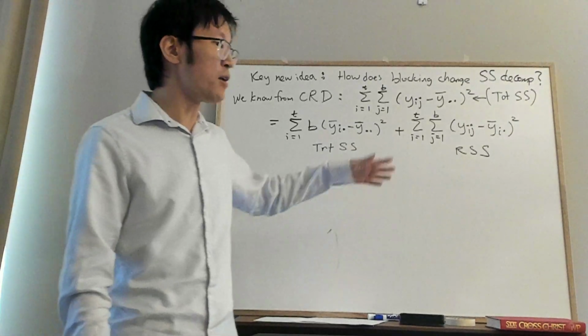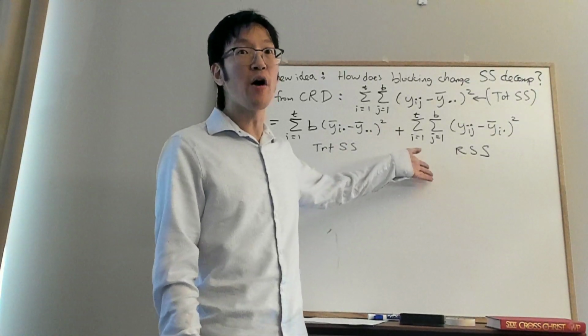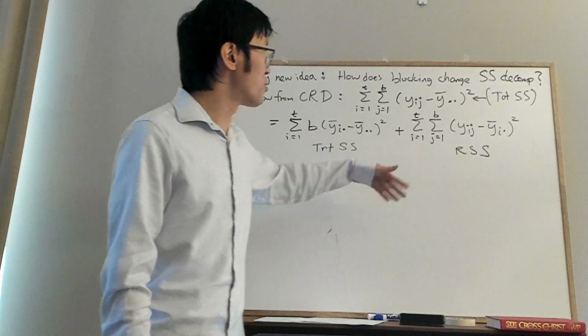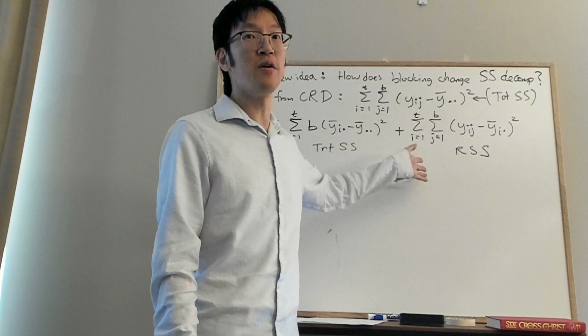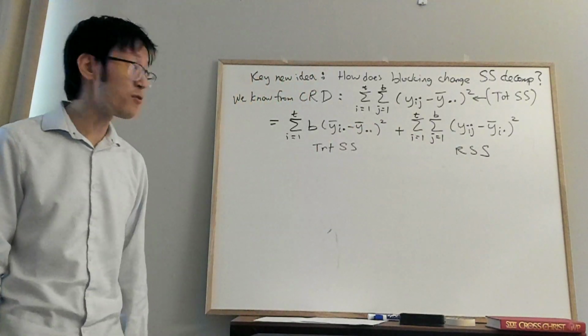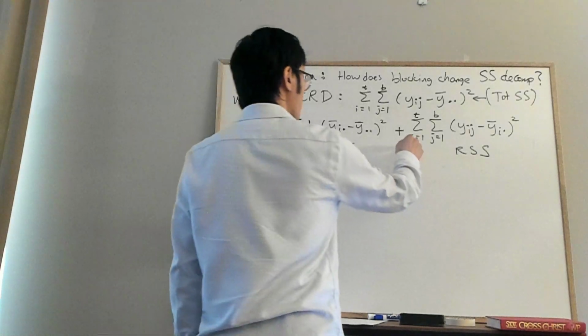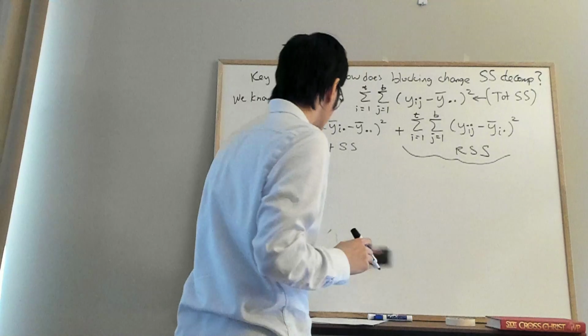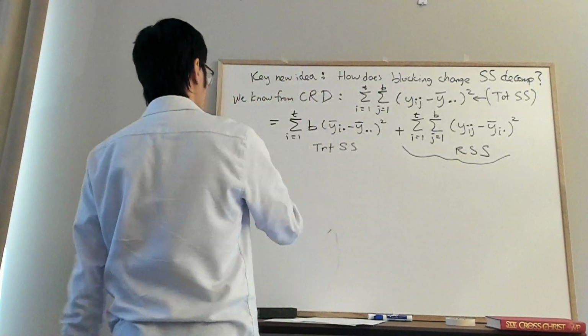One of them is going to be the block sum of squares, now that we've added a block parameter, and then the remaining part will be the residual sum of squares after accounting for the block effect. That's just a heads up of what we're going to do. We're going to decompose that term. Let me just lay it out here for you. So now we have blocking.